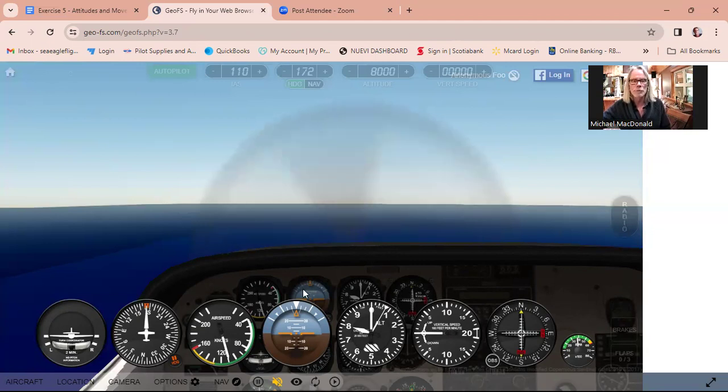The basic six pack of instruments that everybody uses, of course, there are now glass cockpits, but they're basically still the same thing. You have your attitude indicator, and the attitude indicator basically mimics what you see out the window. It's a three-way gyroscope. The blue area represents the sky, the brown area represents the earth.